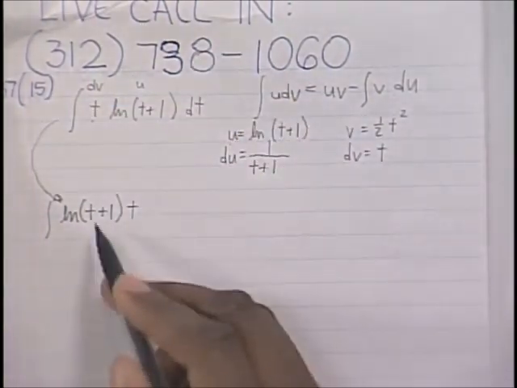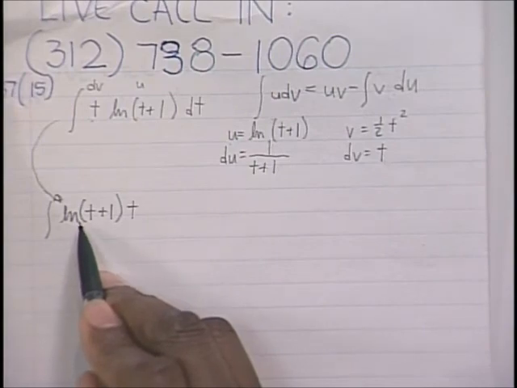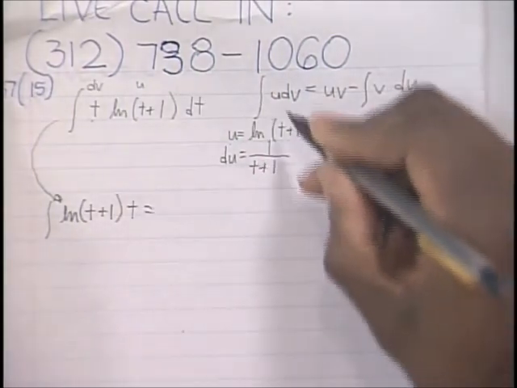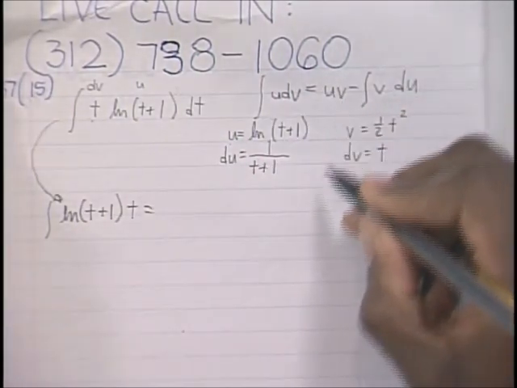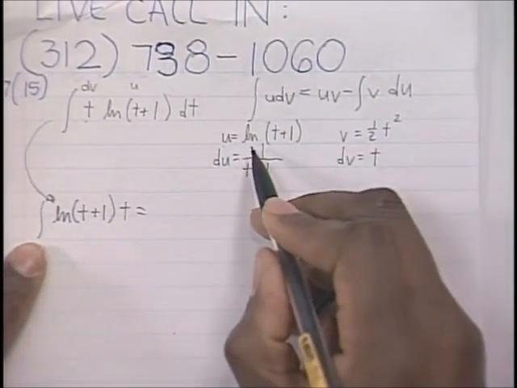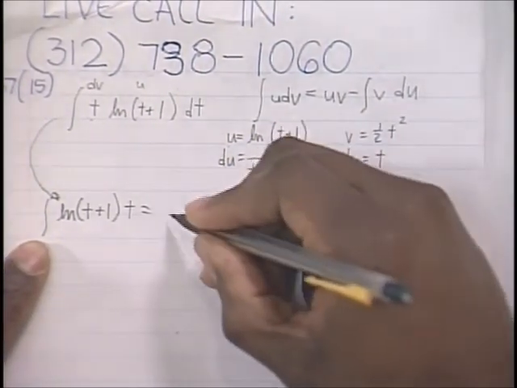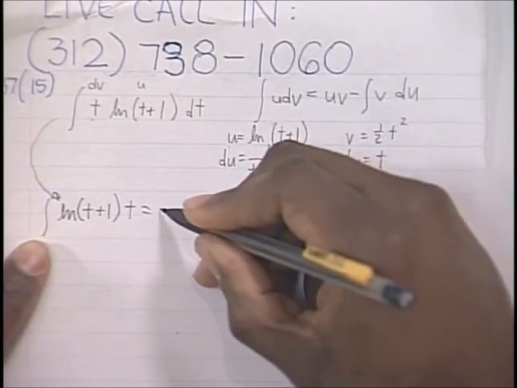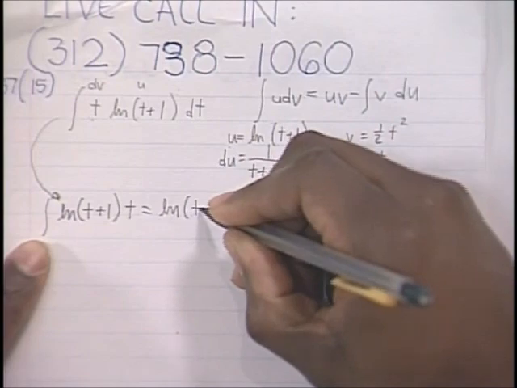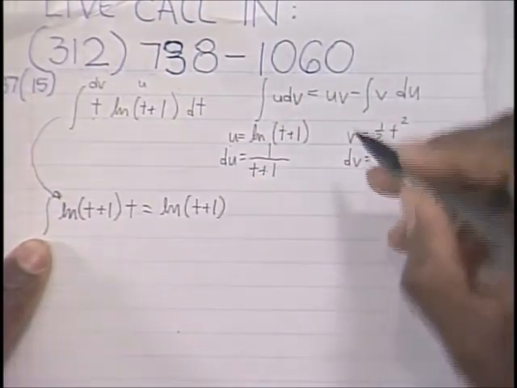The way you take the antiderivative of u dv is u times v. Our u was natural log t plus 1 times v.